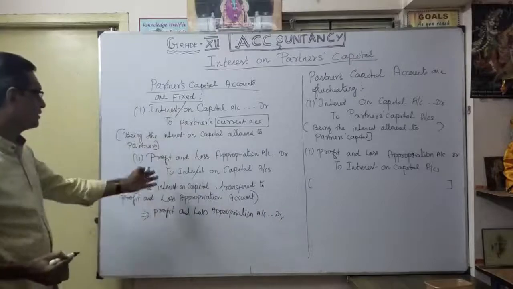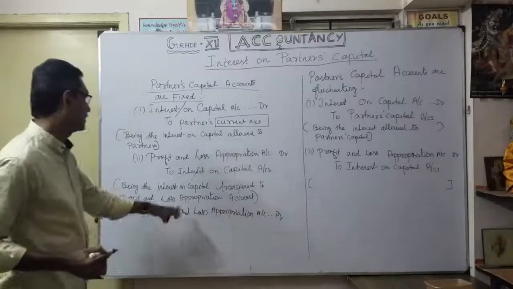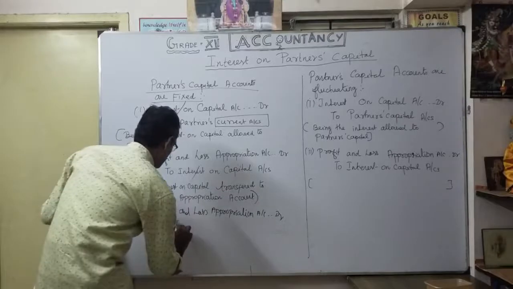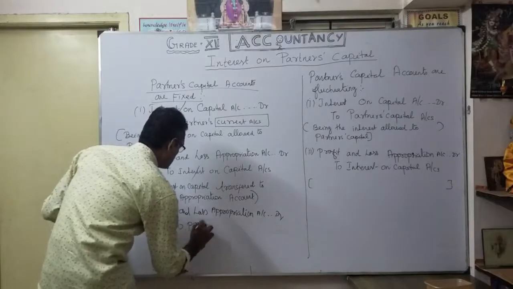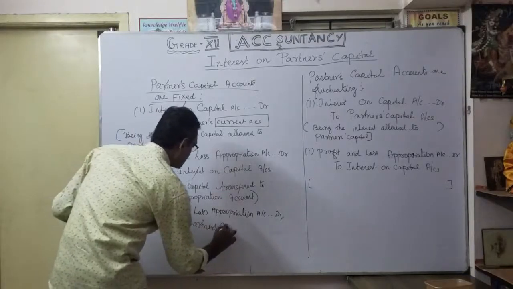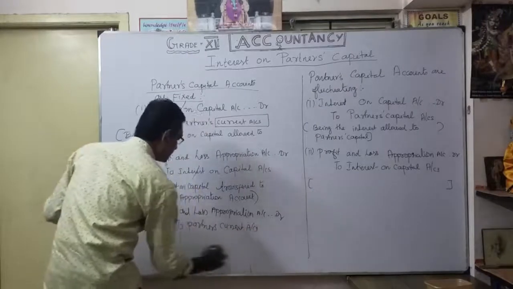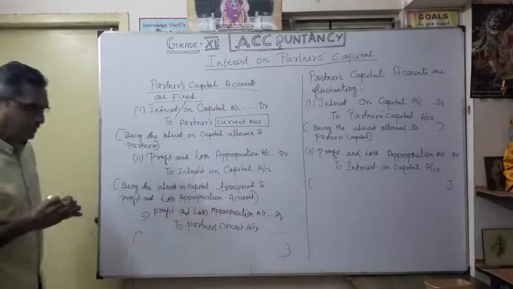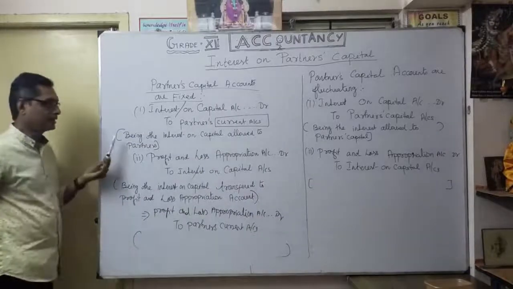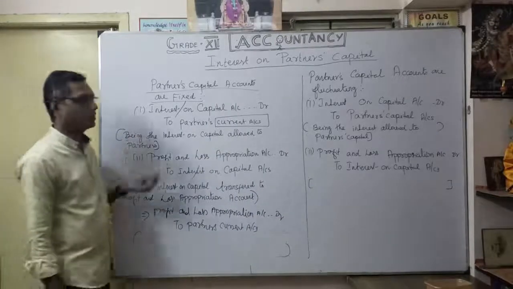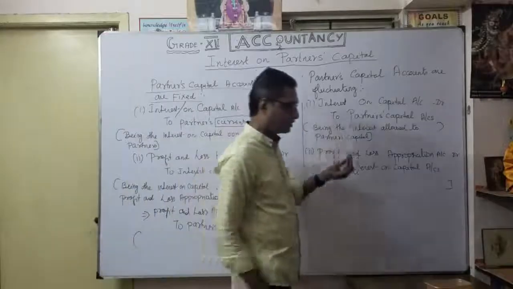So ultimately what will come is profit and loss appropriation account debit to partners' current account. Likewise, we can make the combined entry alternatively, instead of the two entries. You understood now? Now coming to the fluctuating capital.